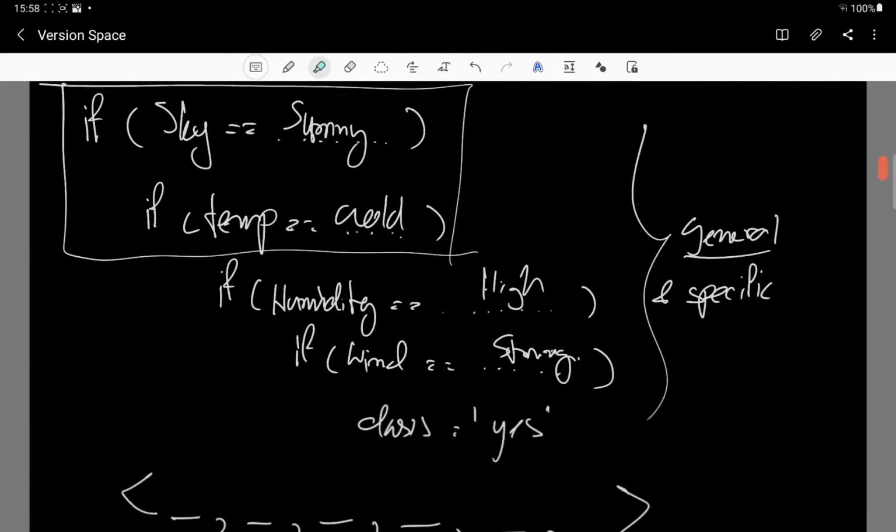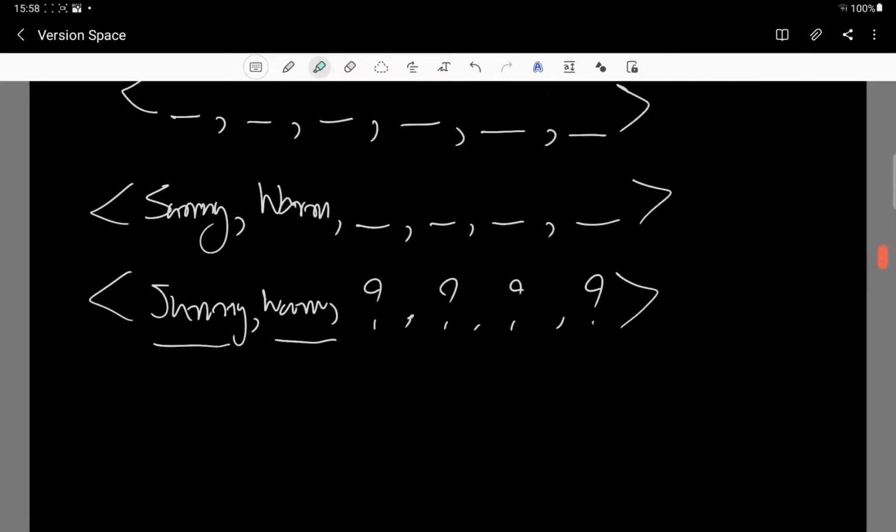So if we choose this one to be the representation of our model, our job is to find the values of each slot that can be filled here and cover just only the positive examples and not the negative ones.